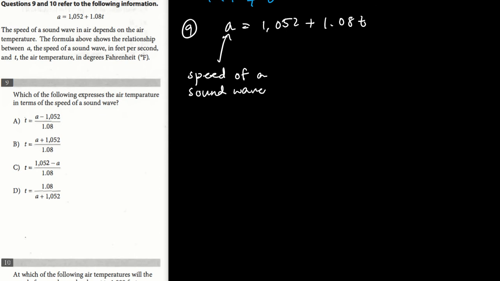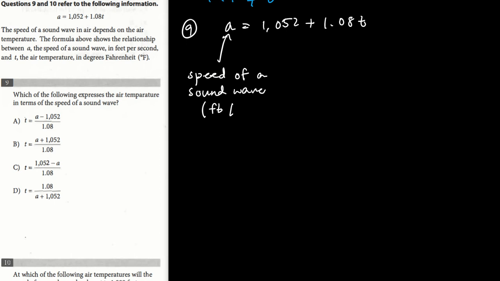Questions 9 and 10 refer to the following information, where A equals 1052 plus 1.08t. I'll just write it as data for problem number 9, but we'll reuse it for problem 10. So we're told A is equal to 1052 plus 1.08t, where A is the speed of a sound wave, and this is in feet per second.